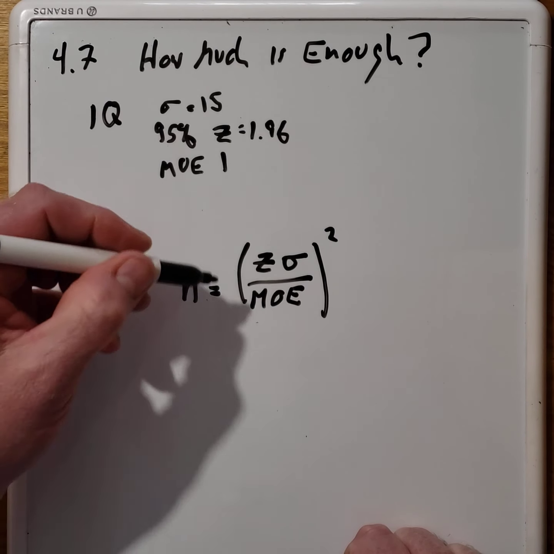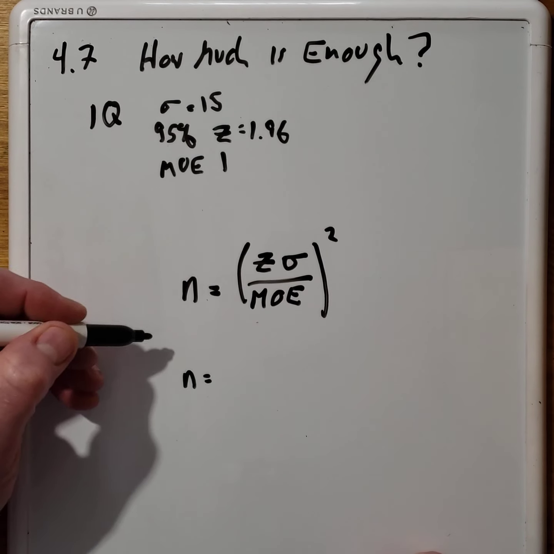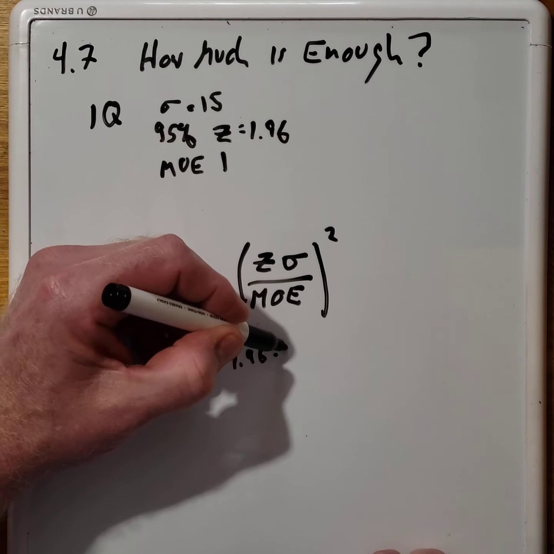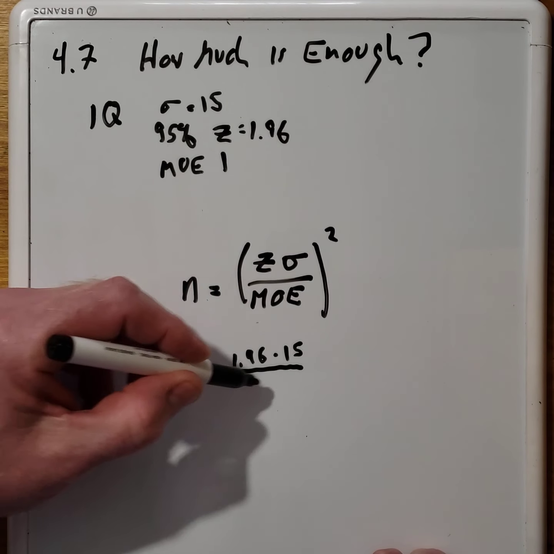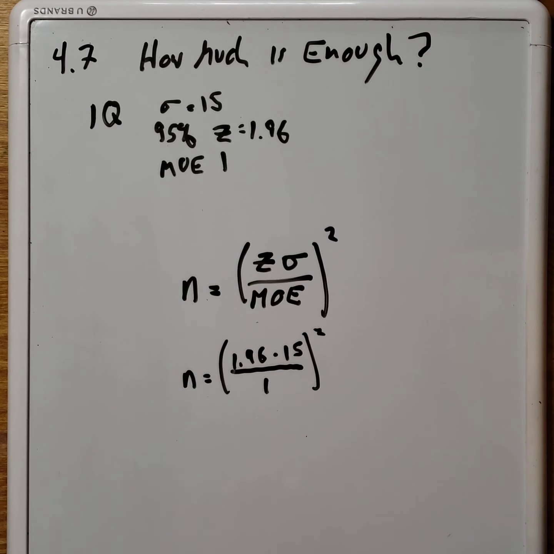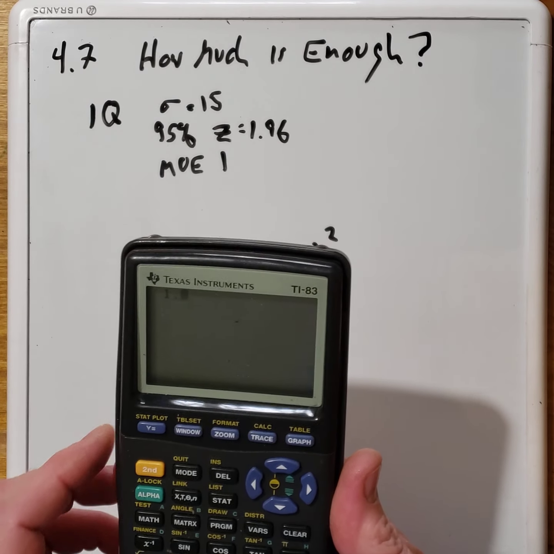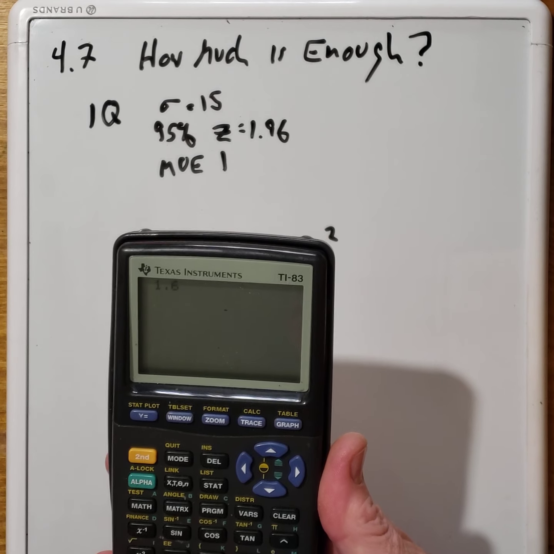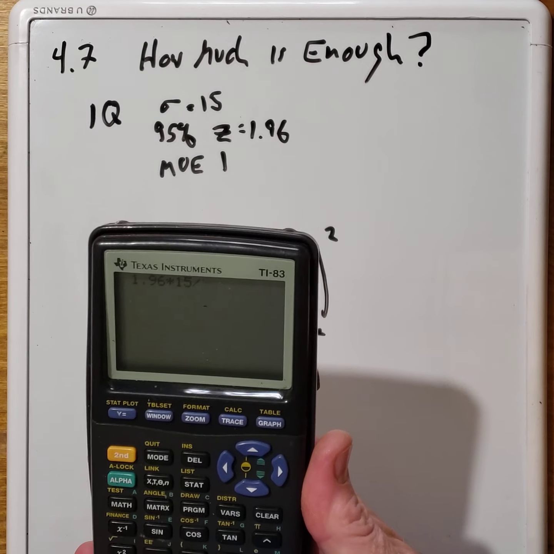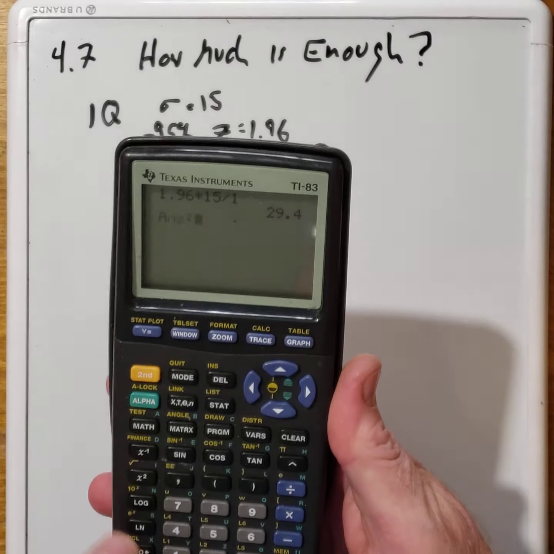Well, then we can use this formula here. The number of people we're going to need in order to accomplish this is going to be 1.96 times our 15 divided by our margin of error of 1, and then we'll square that whole thing. And that's a really easy calculator deal. 1.96 times 15 divided by 1, which you don't really need to do, and then we would need to square that.